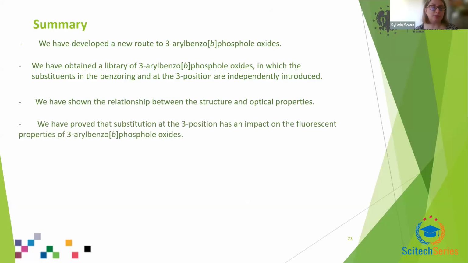We have proved that substitution at the 3 position has an impact on the fluorescent properties of the benzophosphole oxides. We can also say that the knowledge we gained in this study can be used to plan new compounds in a more rational way.